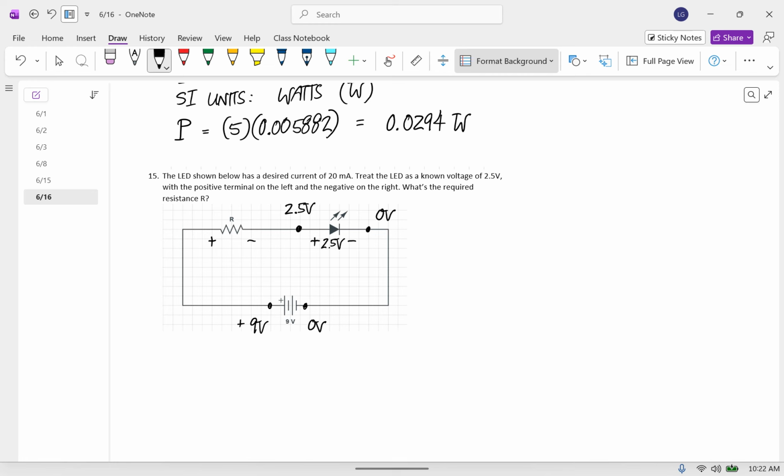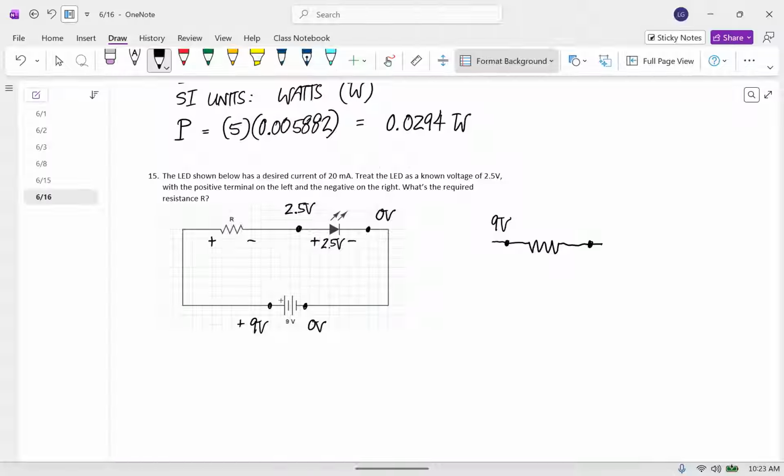Okay, and so now we can finally do this calculation for this resistor. We can think of this as having an electric potential of 9 volts.